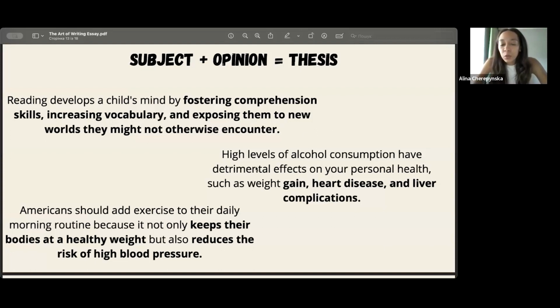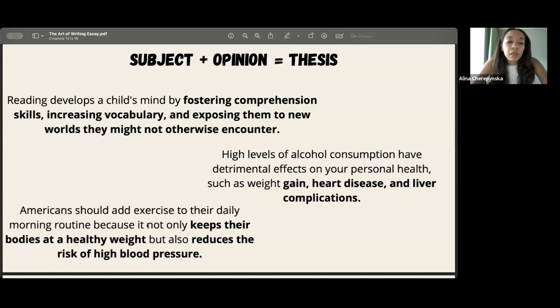Let's take a look at more. "High levels of alcohol consumption have detrimental effects on your personal health, such as weight gain, heart disease, and liver complications." And these three problems we're going to cover in the body of our writing. Each of the ideas that you mention should be a separate paragraph.